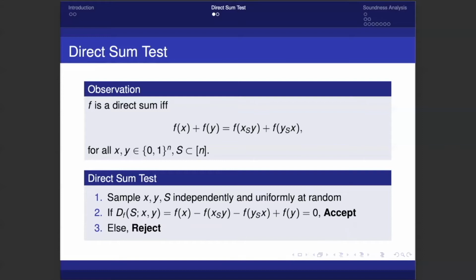So if f of x minus f of x_S y minus f of y_S x plus f of y is equal to 0. If it does, we accept. Otherwise, we reject. For the rest of this talk, I'm going to use the shorthand D f semicolon x comma y for this expression over here.